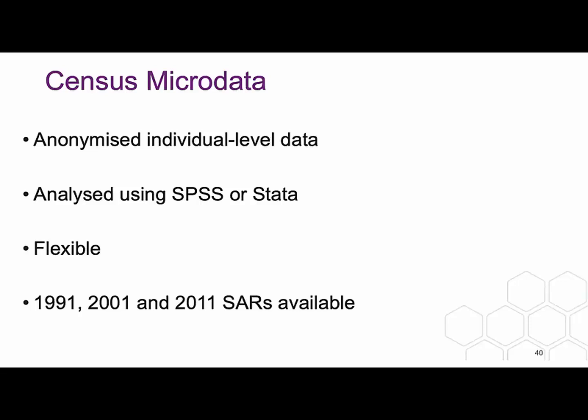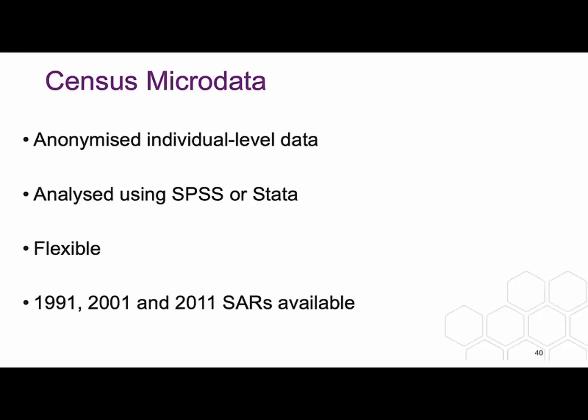Because individual records contain a wide range of individual and household characteristics, the data enable multivariate analysis for a wide range of purposes. It tends to be more flexible as you can produce your own tables, populations and attributes. So the UK Data Service holds contemporary data from 1981 to 2011 and microdata samples from 1961 onwards.